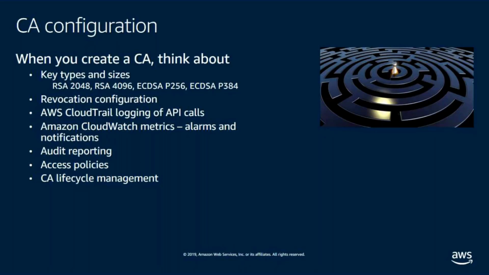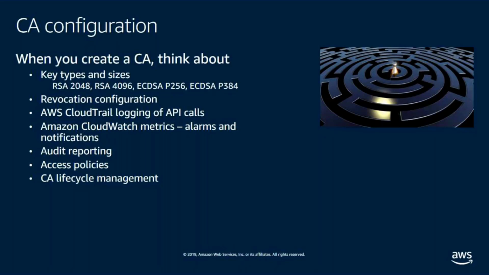Next, access policies. You want to think about which users, groups, or roles have access to the CA and what they can do. I'll talk in more depth about and give some examples of access policies. And finally, CA lifecycle management. What will you do when the CA certificate nears its expiration date?